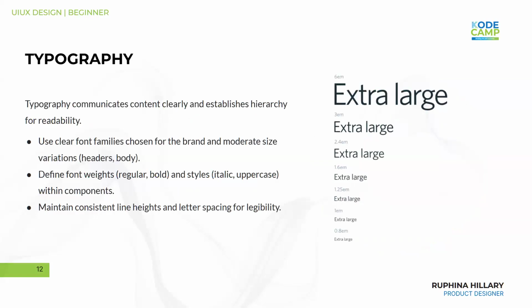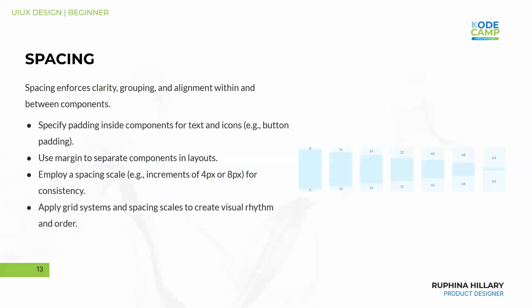Same thing with your typography. You're going to determine the font families you're choosing, the size variations you're going with, the font weight, the styles, and you're going to maintain consistent line height and letter spacing for legibility, right? So same thing with your spacing, 4 pixels, 8 pixels. What is the spacing system you're going with? Define it, right?